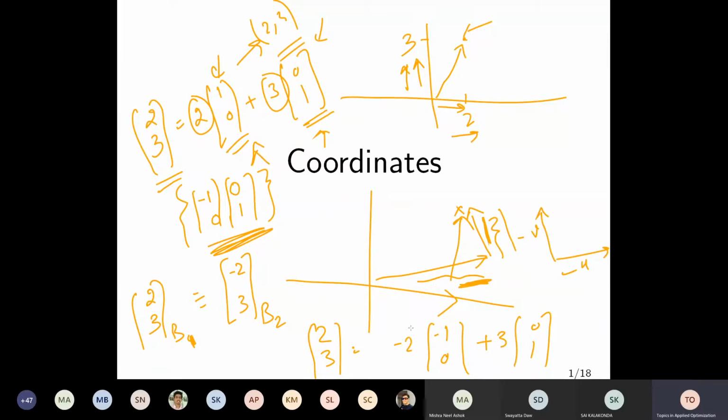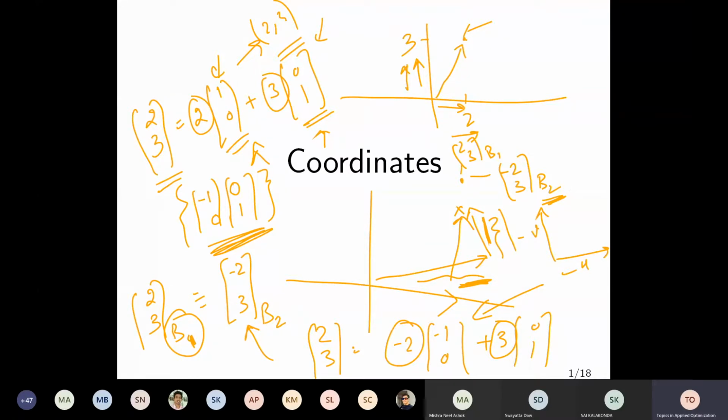Okay, so the coordinates now are different with different bases. So you see the concept of a point can vary depending on which basis you are using. For someone working with the canonical basis, the point is (2, 3), but the same point in the space has coordinates (-2, 3) with respect to the other basis.